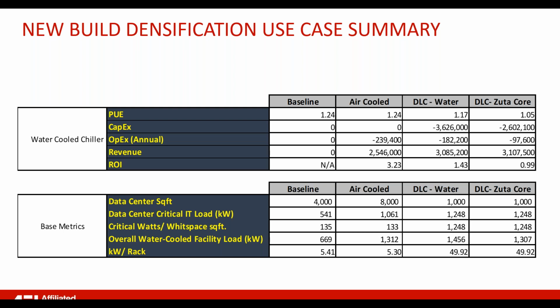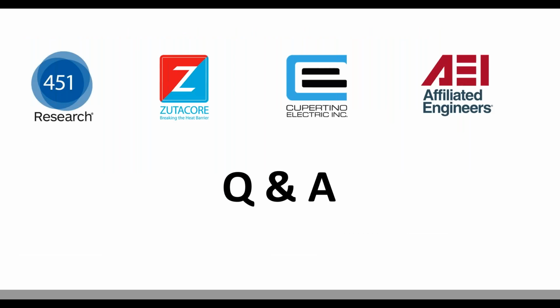So we're really gaining higher efficiency as well as lower OpEx, and a quicker return on our investment. The next slide. And with that, we'll turn it over to questions and comments at this point.